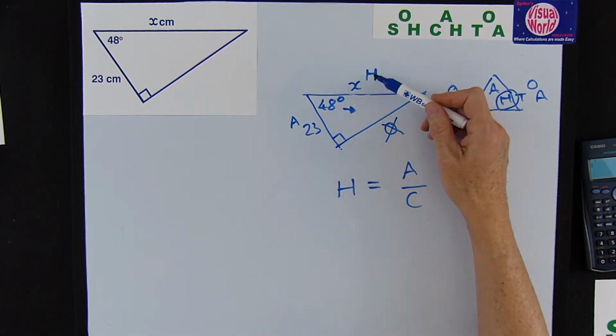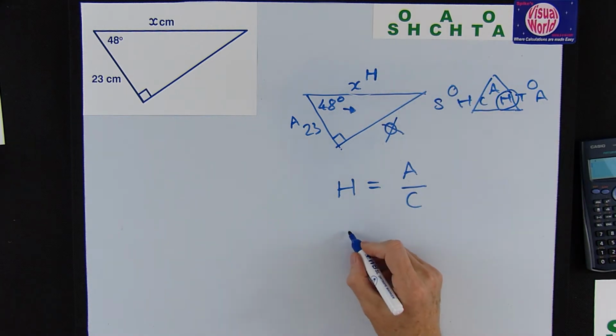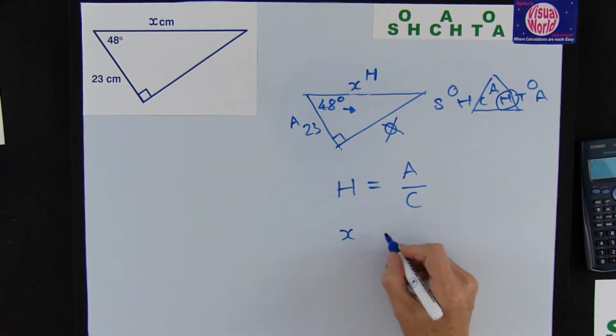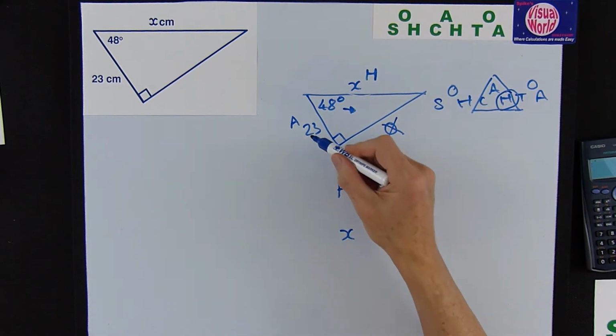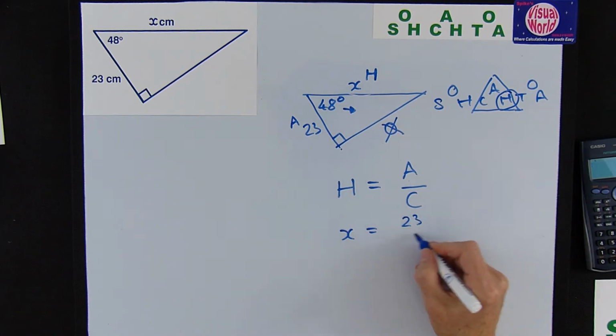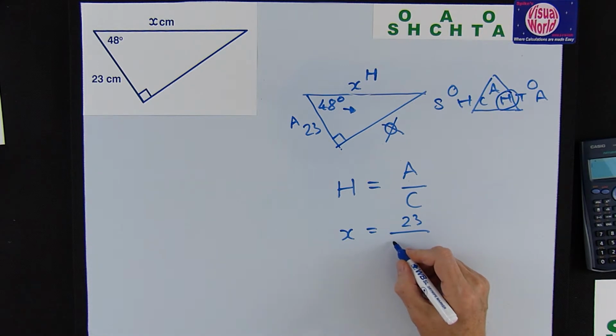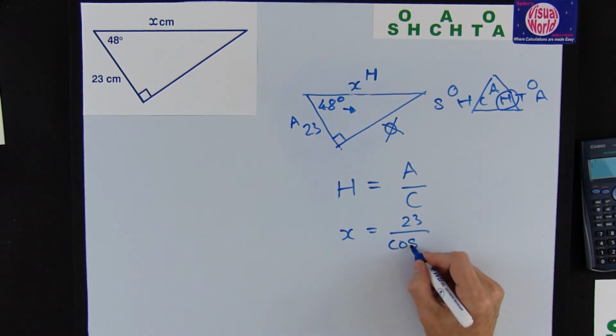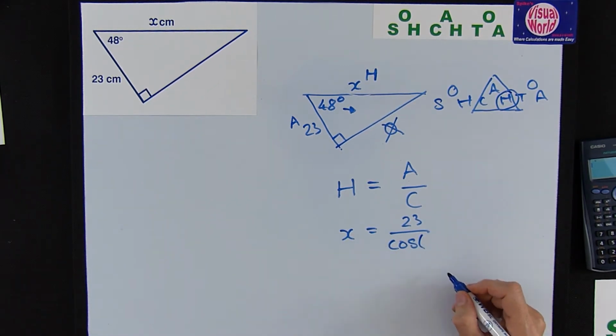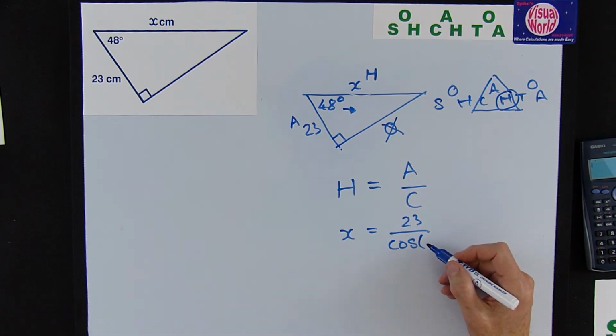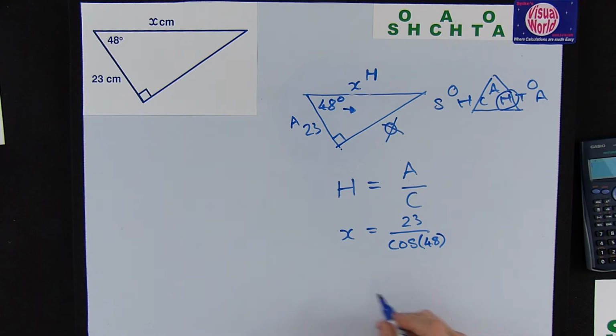Now the H is obviously the X. Now the A is 23, divided by the C. The C is the C in your calculator, which is the cos. So it's cos, remember, open the brackets, use the bracket version, and we've got 48, close the brackets.